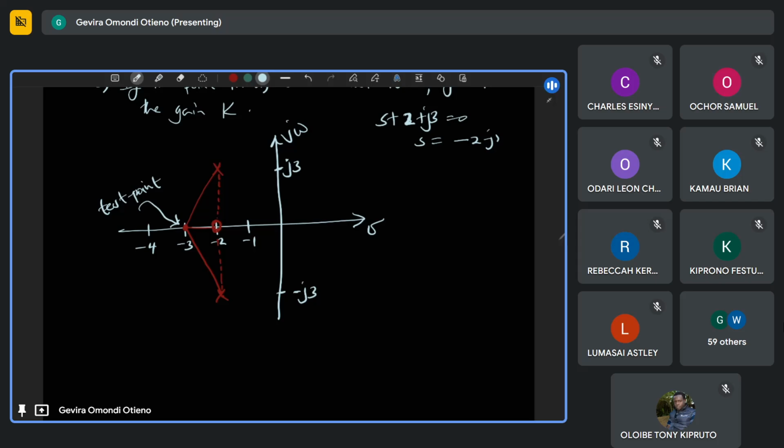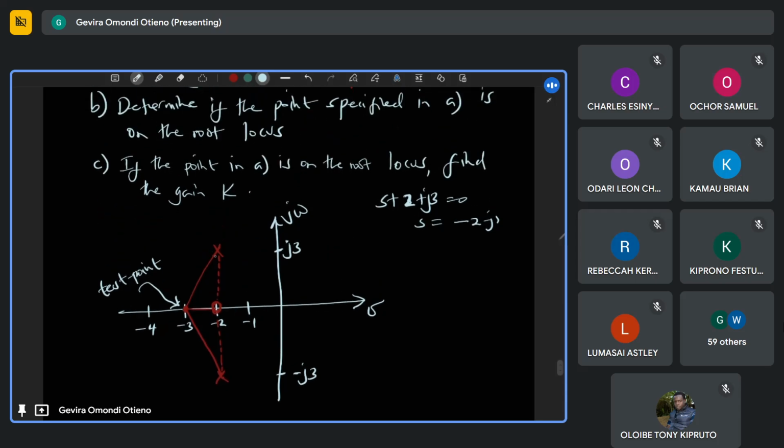But those angles must be measured from the real axis. So it's like saying, if I drew a real axis, because this point is on the imaginary axis, the pole. Let me just draw a line. There's no point of struggling with dots.